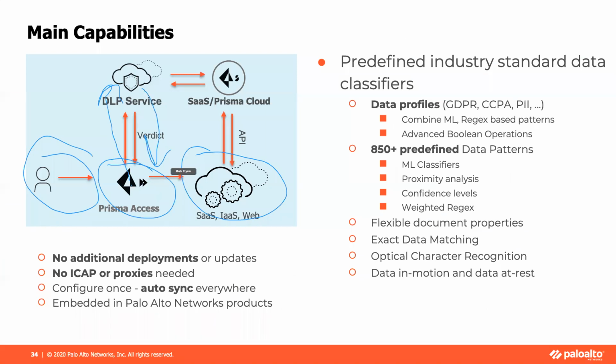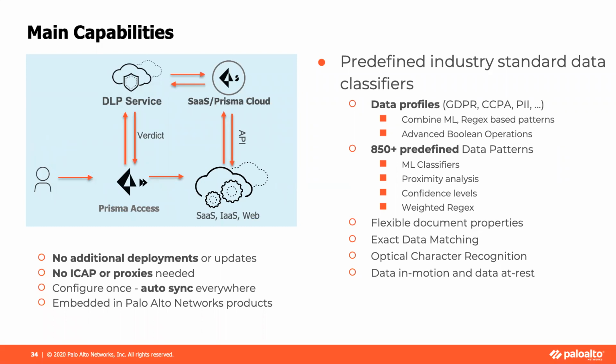Verdicts are rendered, classified, protections are enabled, and all of this is done without any additional deployments or updates or probes or ICAPs or proxies or any of that sort of thing.